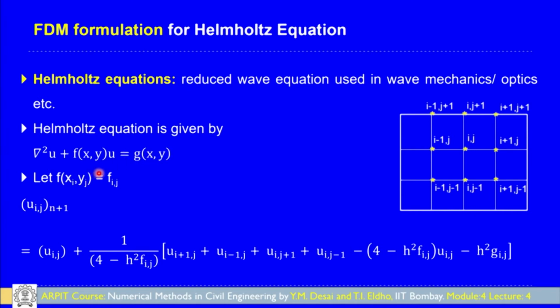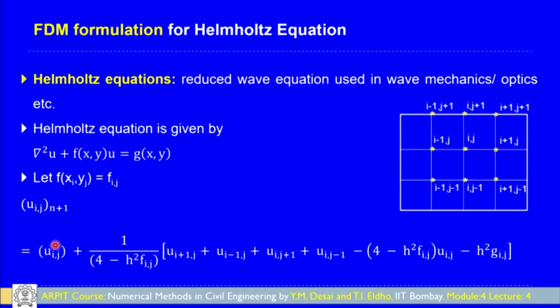Here f can be a function, so we put f i j. Compared to the Laplace or Poisson equation, you can see that the difference is this extra term.